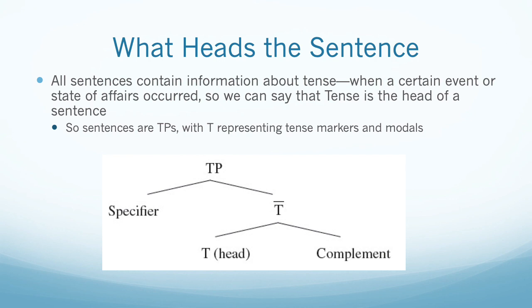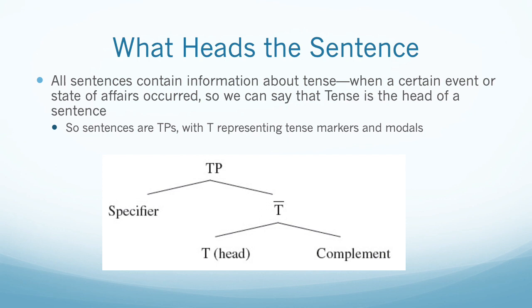So English kind of does it both ways. The Romance languages, for the most part, encode tense information in the verb itself, so like in the verb endings, as in Spanish. But either way, there is information about the tense.